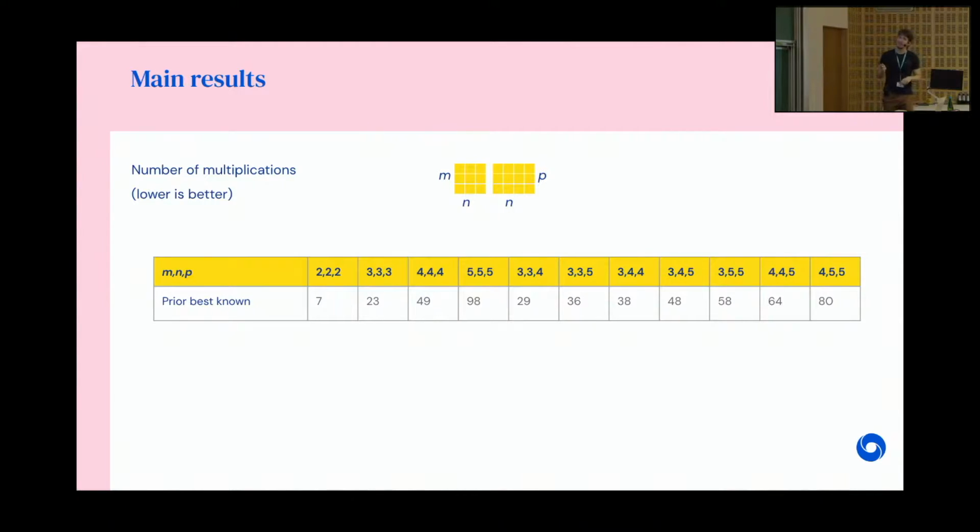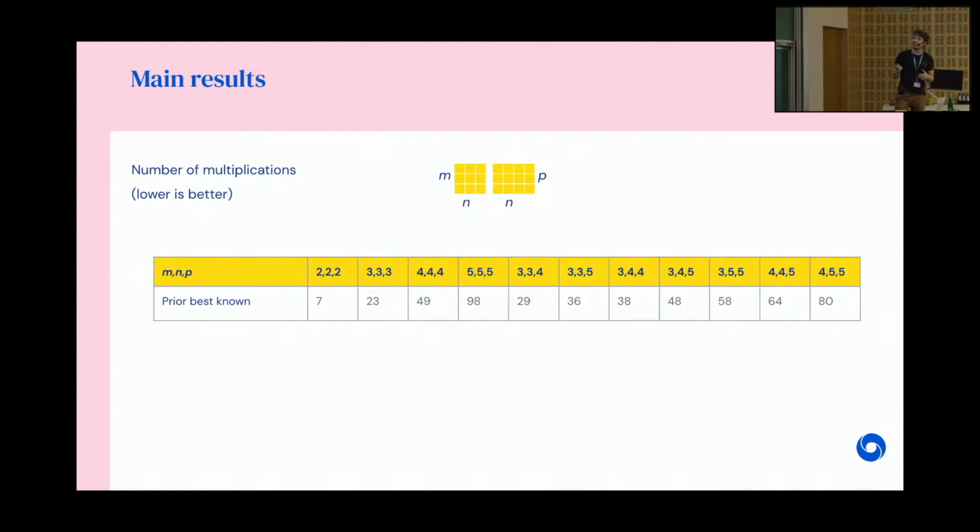I call these base matrix sizes because, as I mentioned previously, all these algorithms can also be applied to much larger matrices through this recursive, divide and conquer construction. And in this table, I'm showing the previously known smallest number of multiplications required to multiply matrices of that size.